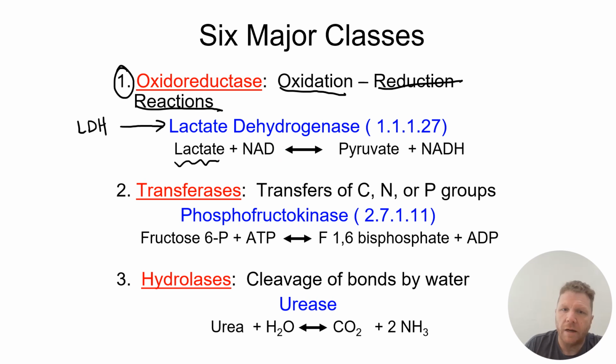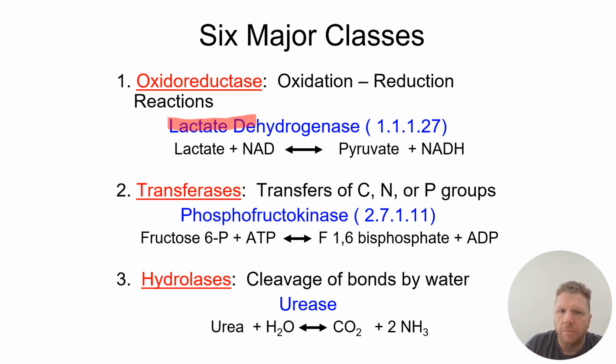Now, with that in mind, I want to elaborate on one other thing. If you look at this name, lactate dehydrogenase. Okay, so here's our name. Great. Lactate dehydrogenase falls into category 1 because it's an oxidoreductase. Now, lactate dehydrogenase is one example of an oxidoreductase.